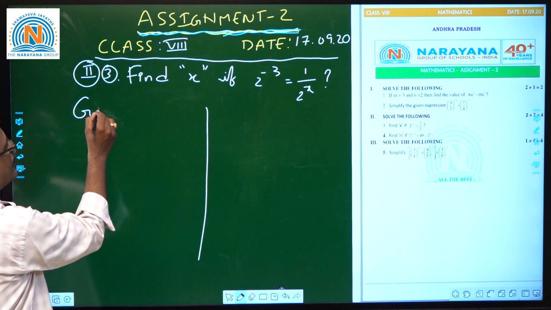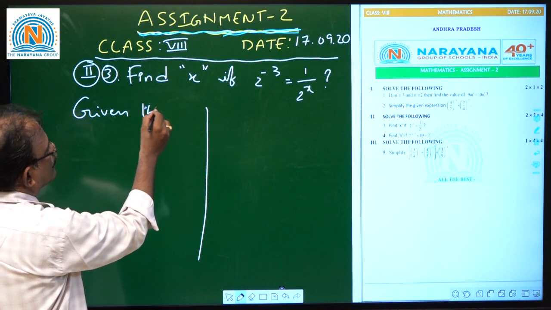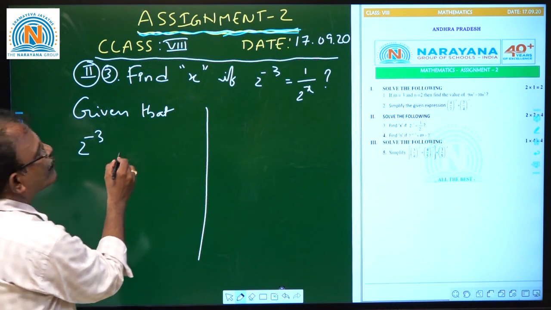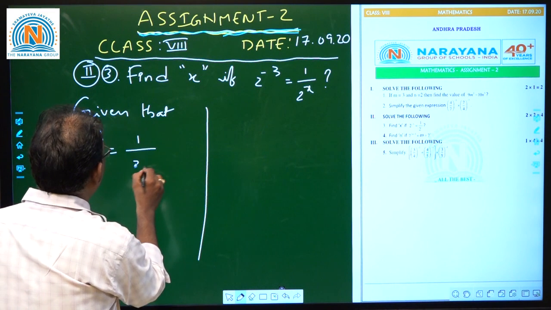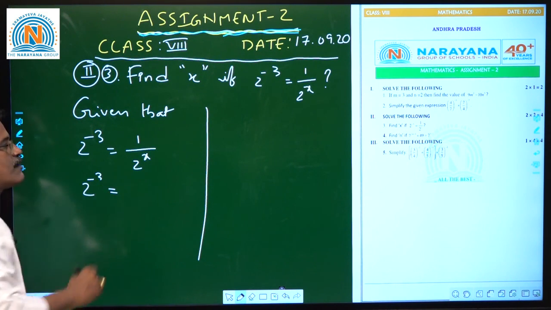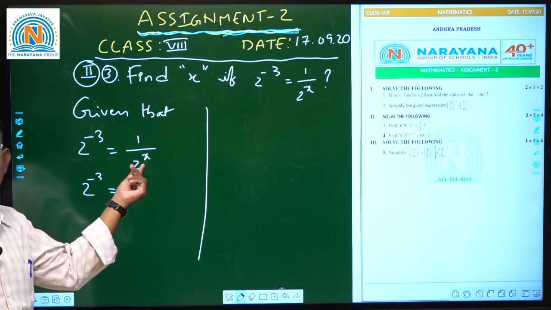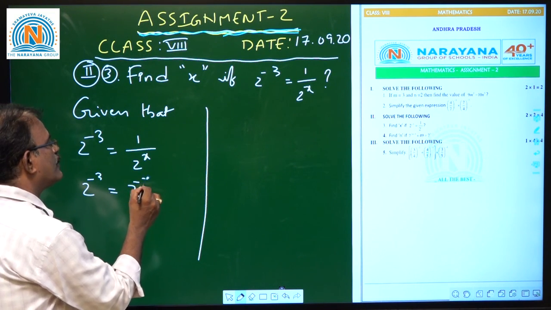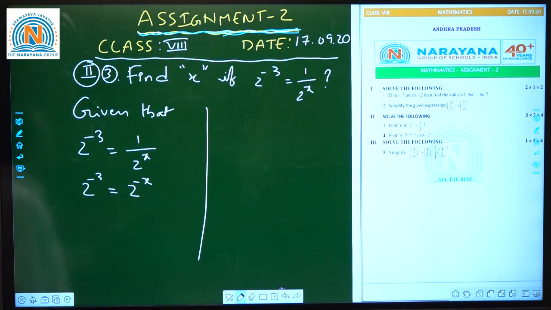So what is given here: 2 power minus 3 is equal to 1 by 2 power x. So 2 power minus 3 is equal to, let us transpose 2 power x to the numerator because it is in the denominator, then the sign of the power will be changed.